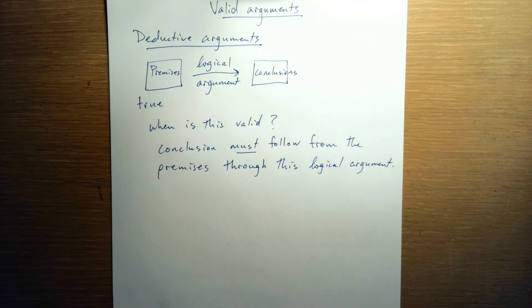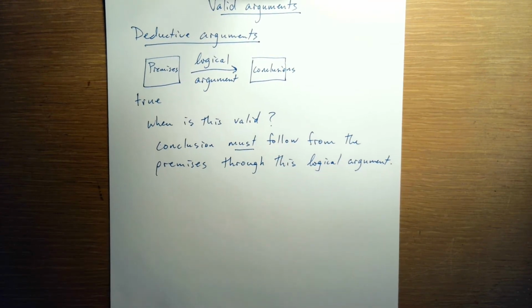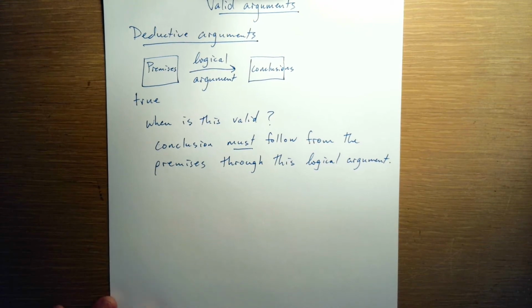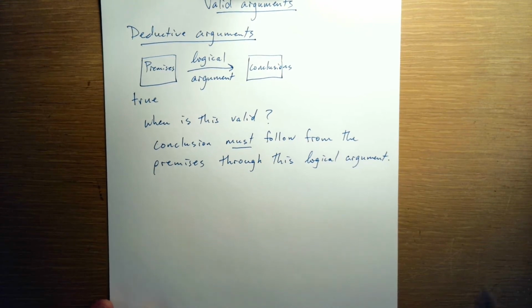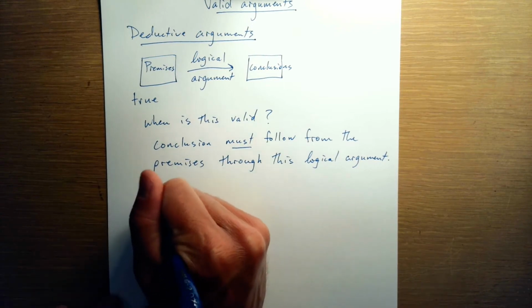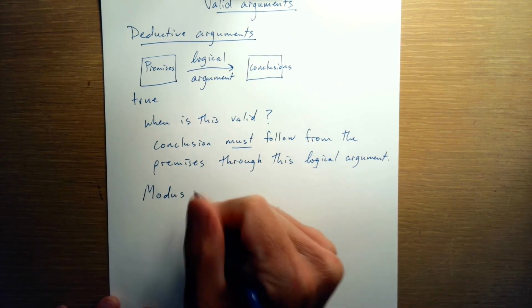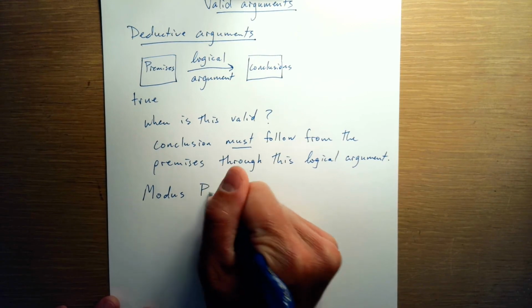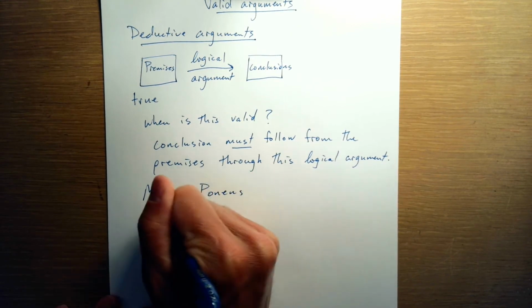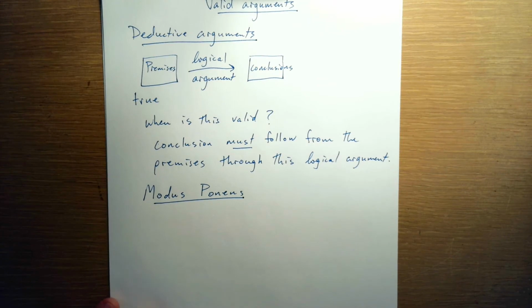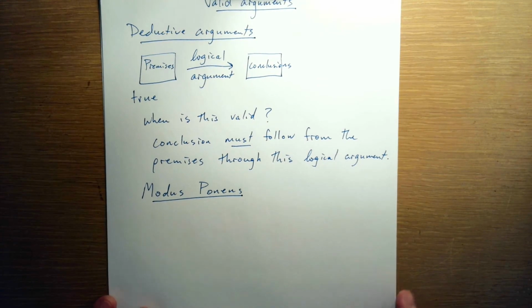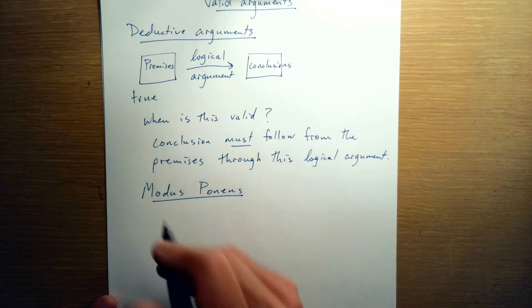I want to give you two examples of standard types of logical arguments, and these date back to the ancient Greeks. So these types of arguments have been around for a long time. One's called Modus Ponens. The basic structure of this argument has three steps.